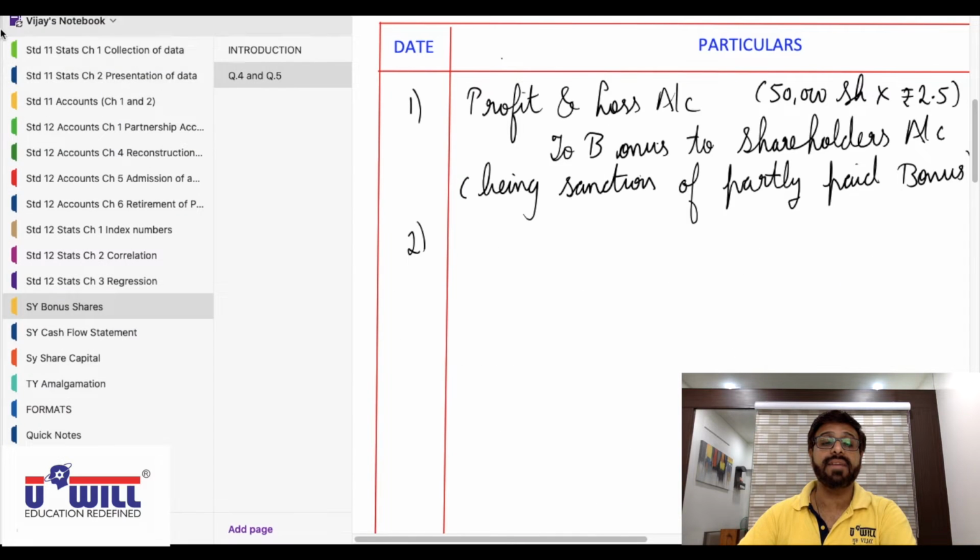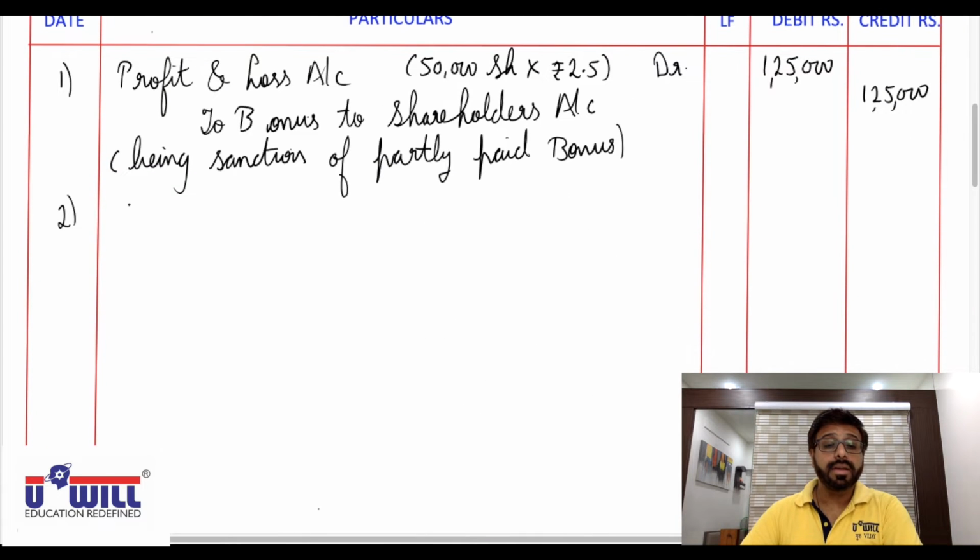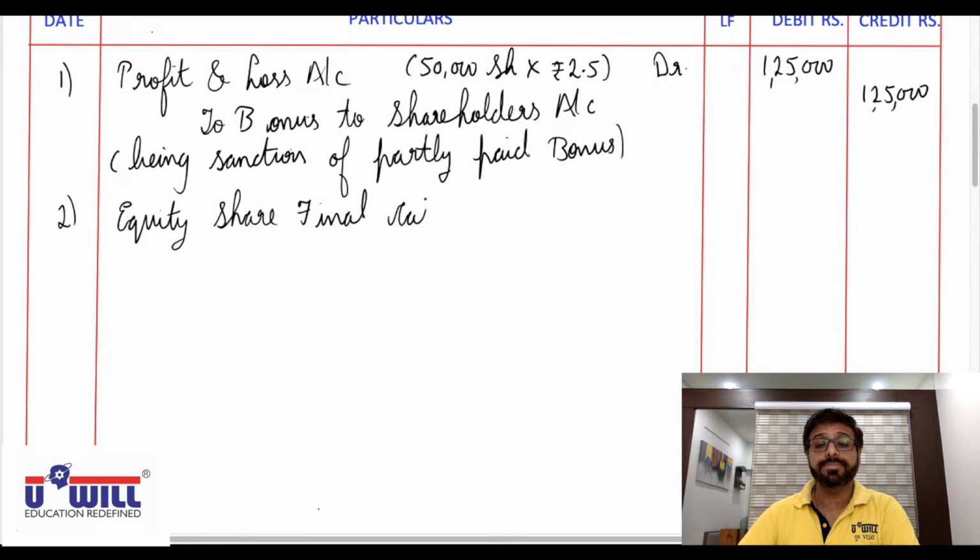So that second entry will be passed over here. Equity share final call account debit to equity share capital account.